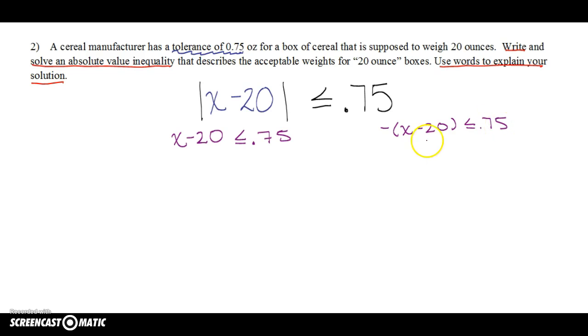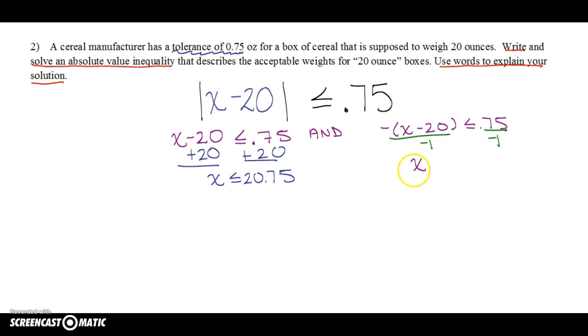We have our two complete sentences separated by the word and. For the left-hand side, all I do is add 20. For the right-hand side, I'll divide both sides by -1 first. Don't forget to change your symbol.